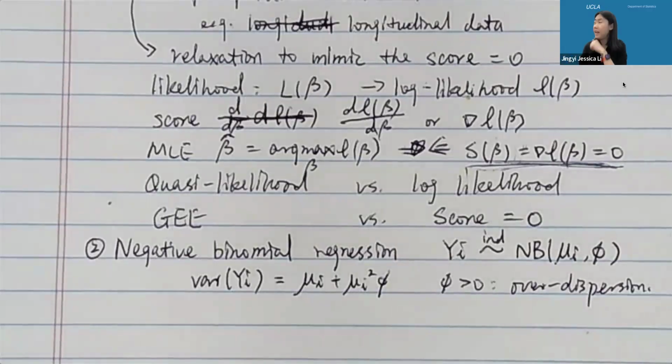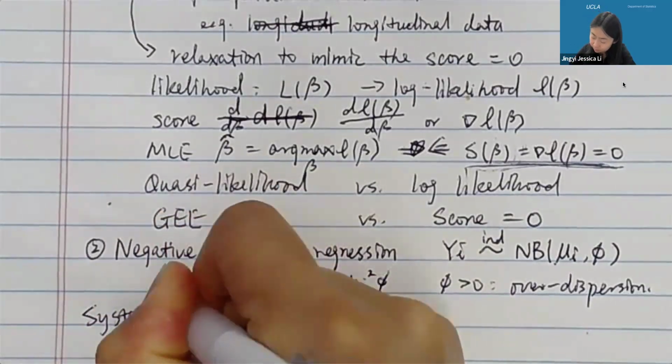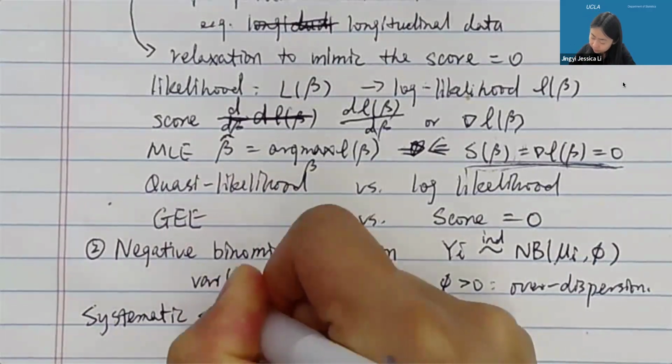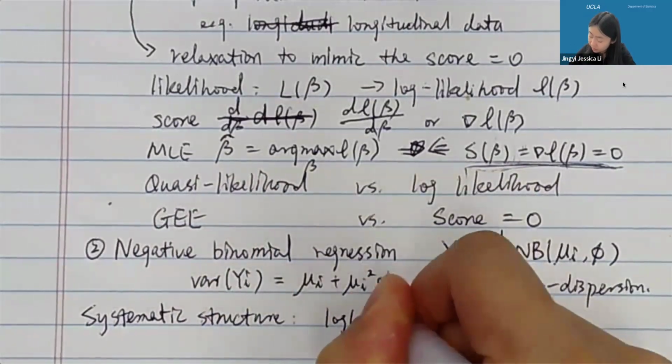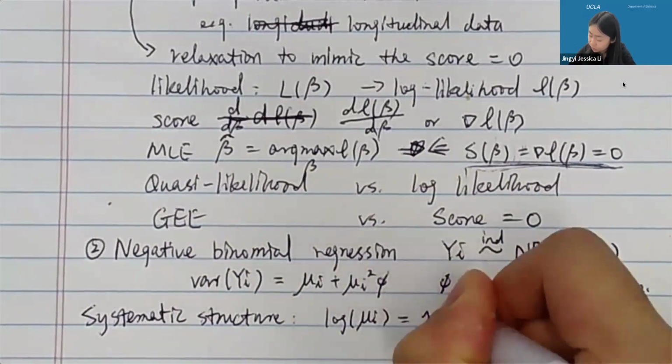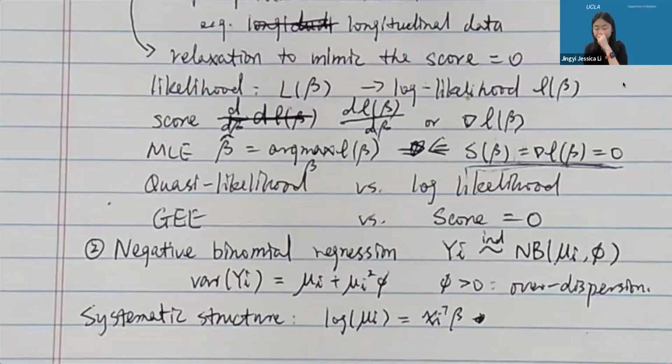Okay, and for negative binomial regression, to estimate the parameter, the systematic structure stays the same. So for Poisson, extra Poisson, and negative binomial regression, they all have the same systematic structure, which is always log mu(i) equals xi transpose beta.